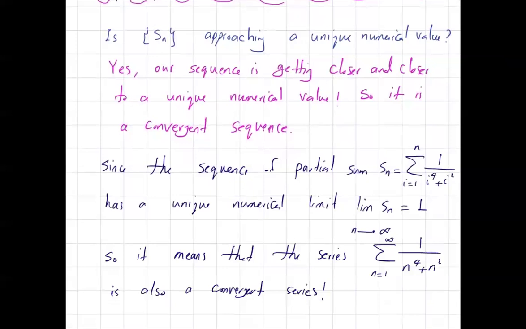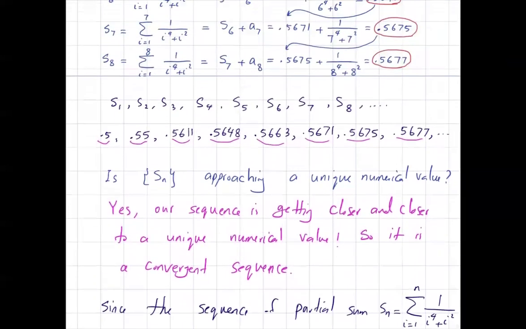So that's the meaning of that for our series. We look at the partial sum and calculate it for the series, and if it's converging, we say that, hey, the series is a convergent series. Otherwise, it's going to be divergent.